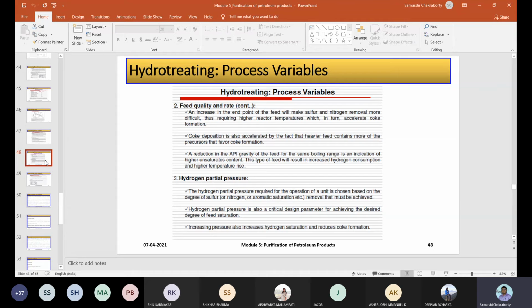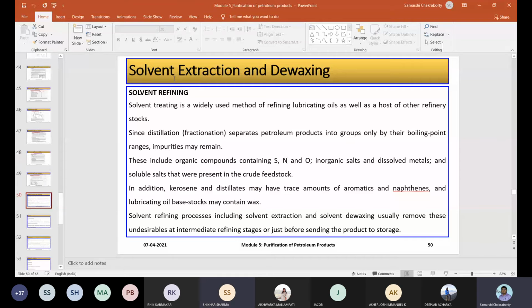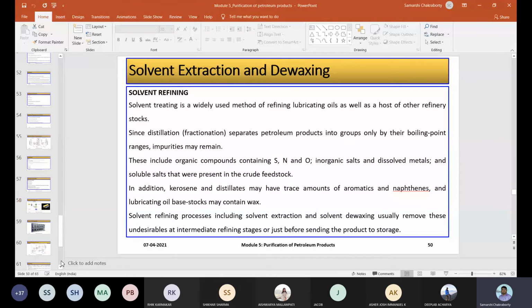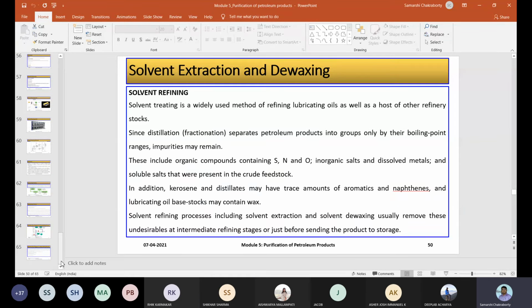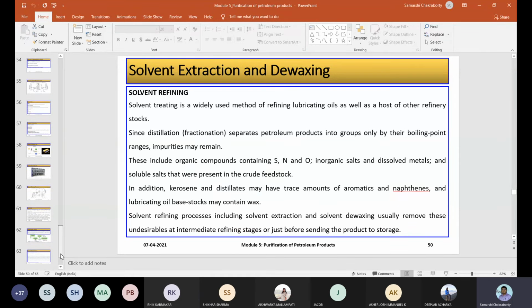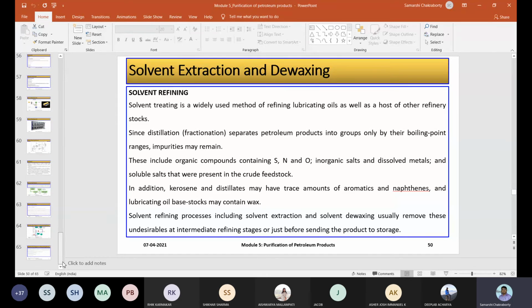If you want a repeat class on this, I can do that, but I don't think it would be required. In the next class, our target would be to finish off this solvent extraction part and conclude this module, and maybe I'll take one recap class on Monday to finish it off, and then we'll have our class test on Wednesday.